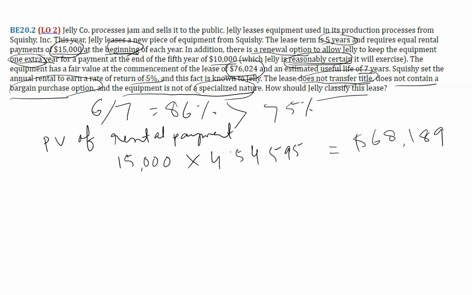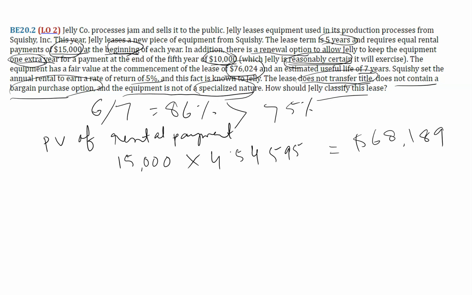Now it is also certain that they will extend the lease, which means the renewal option will be exercised. We can also call it a bargain renewal option. For that, you have to pay one lump sum amount at the end of the 5th year. So we will look at the present value table. It's not an annuity table, it's the present value table.